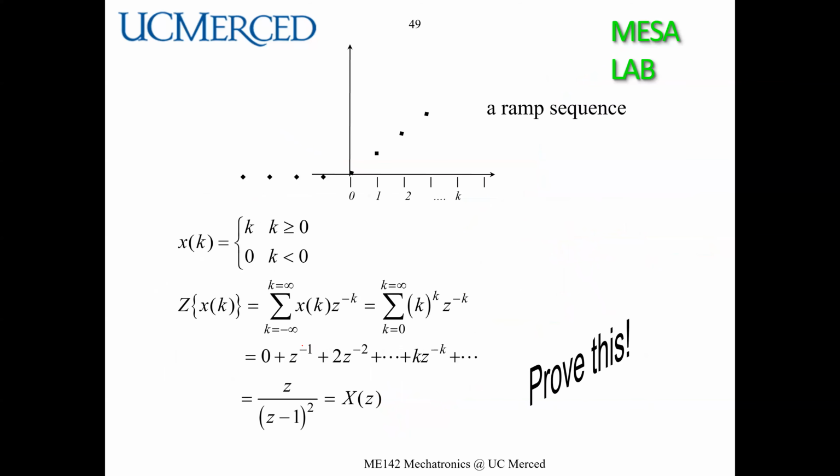Let me show you another example. This is called the ramp function. The continuous counterpart is x of t equals t, which is x of k equals k, so you have 0 in here.